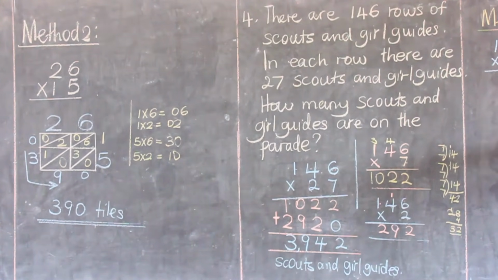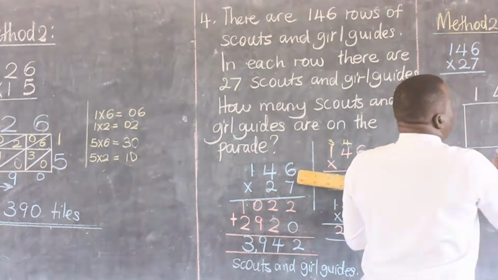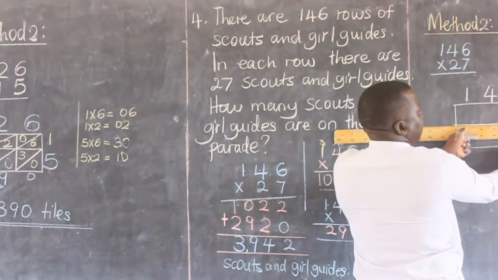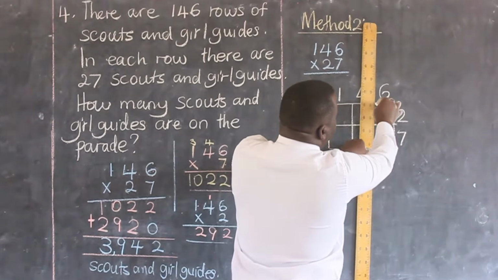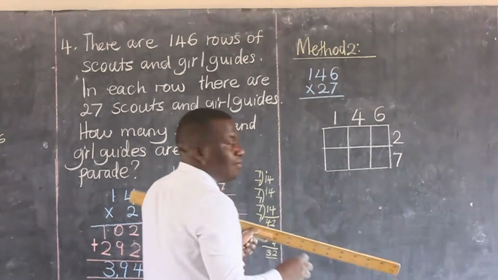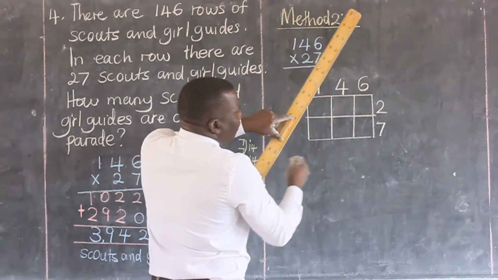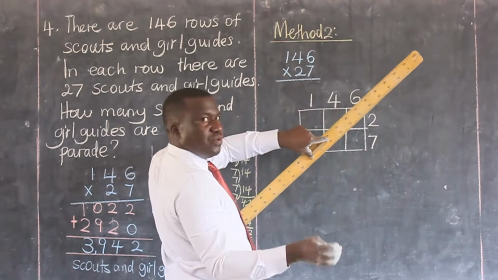Come and draw a table here. Okay? Draw a table. You are going to divide this into 2, because there are 2 numbers here, and this into 3. Having done that, divide each of the boxes into again 2.